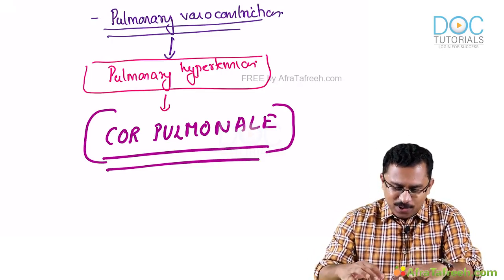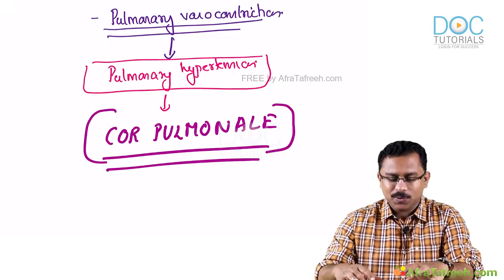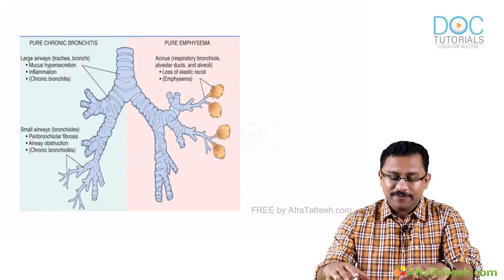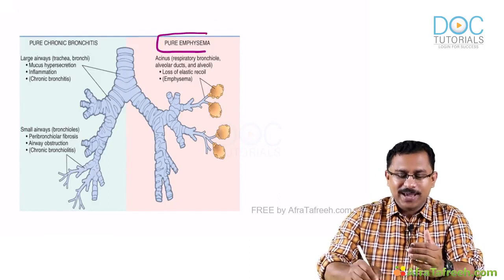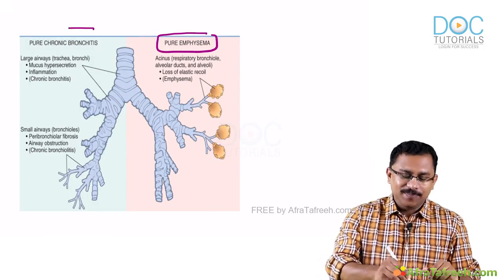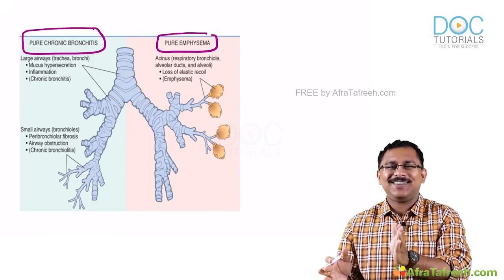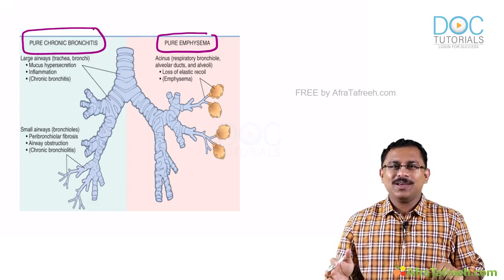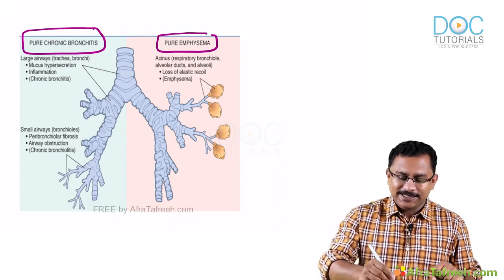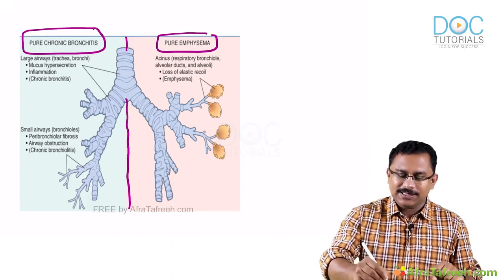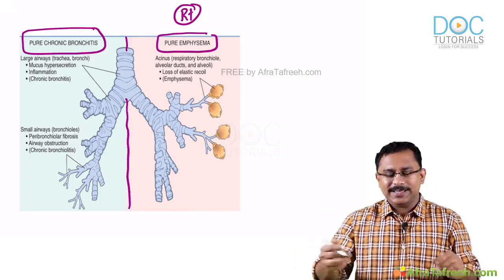Okay. Now, just to make a comparison of your emphysema with chronic bronchitis, because as of now we have discussed pure emphysema. You first of all just have a look at this picture. What is mentioned here is that the right of this is regarding a pure emphysematous change, what happens in the airways.